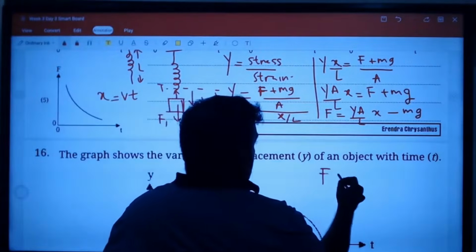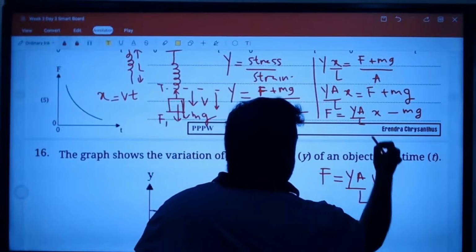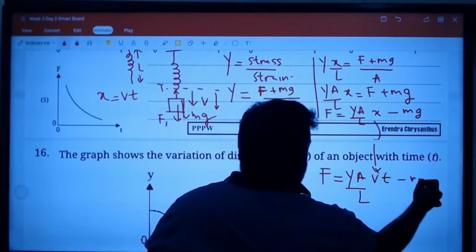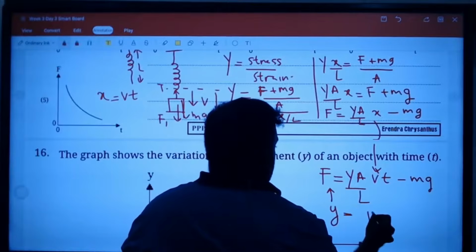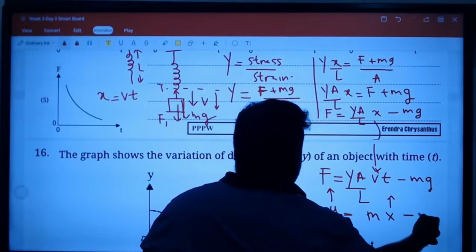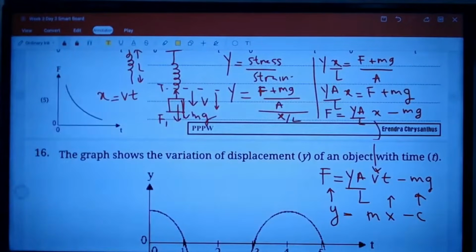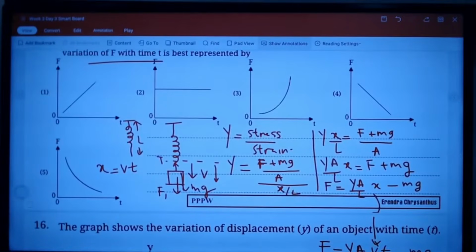So F is equal to Young's modulus A over L times v t, minus mg. The graph is of the form y equals mx minus c. Simple ideas. Check and see whether you have an answer like that.